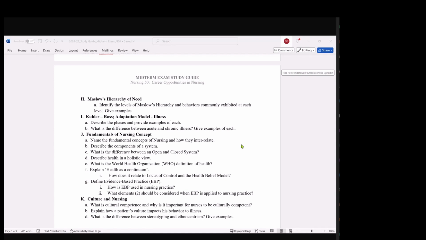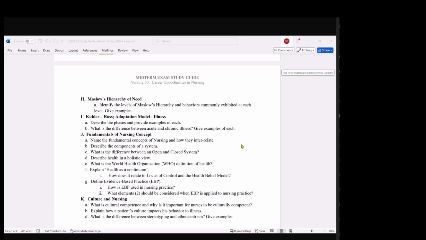All right. We talked about open and closed systems. We talked about nursing and how it relates to general systems theory. So understand what that is. What is the World Health Organization? How do they define health? Remember I said, guess what, we pulled out of the World Health Organization, which still boggles my mind.